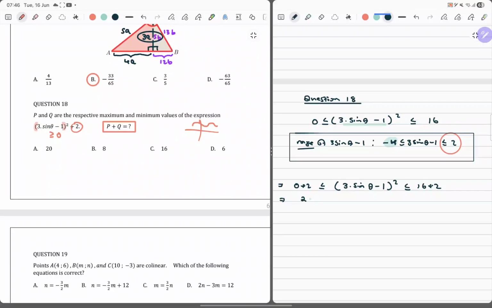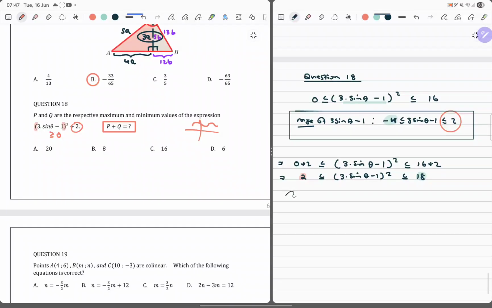So this implies that 2 is less than or equal to 3 sine theta minus 1 all squared plus 2, less than or equal to 18. Now we can already see, guys, the biggest value is 18, the smallest value is 2. That's the minimum. We can then say P plus Q, P is the biggest, 18, plus the smallest, 2, must be equal to 20.